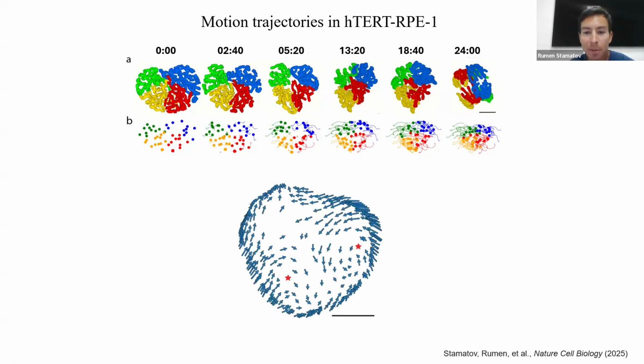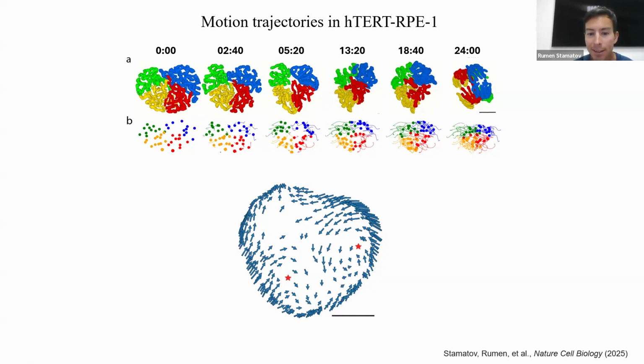What was even more surprising was that when we average these trajectories and put an arrow at the direction of motion, we can see that the motion of the chromosomes is not random. It actually follows these well-defined vortices that we called mitotic flow field.